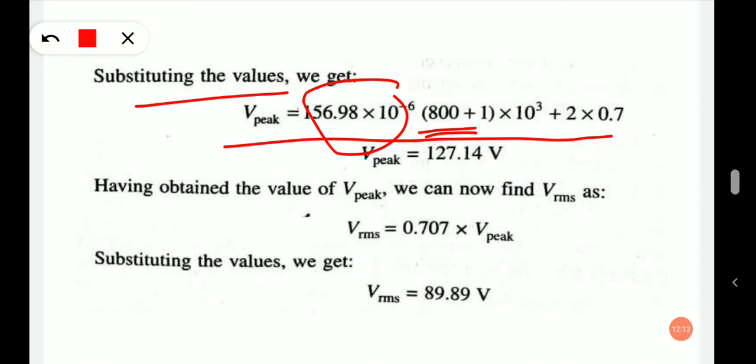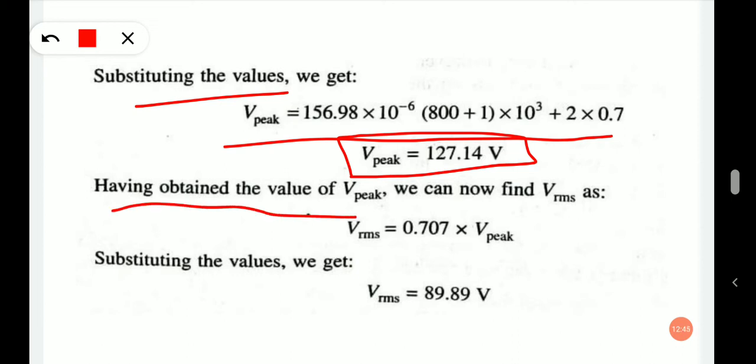These values are in kilo ohm, so to convert into ohm, into 10 raised to 3 is written, and the last term is 2Vf. Vf is 0.7 because silicon diodes are used. If we calculate this complete equation, we will get V peak equals 127.14 volt. This is the peak value of voltage.